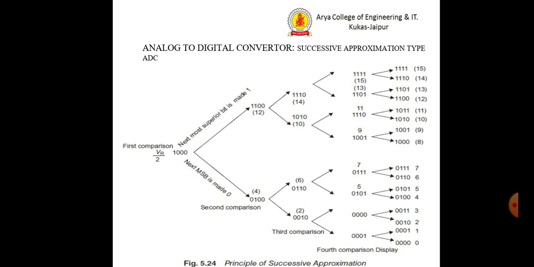I hope you are able to understand this process. Let us consider a 4-bit ADC and let the V reference value be 15 volt. For this, our VR by 2 will be 1 0 0 0.